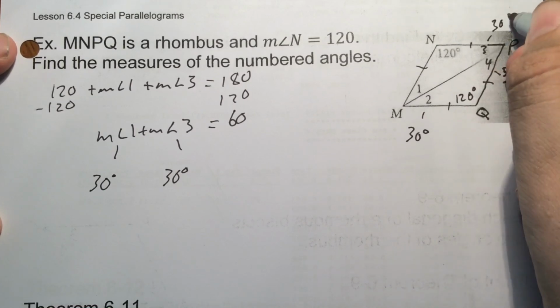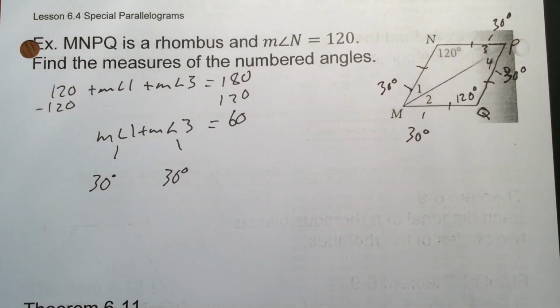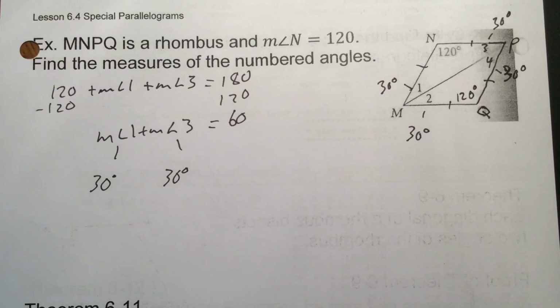So each of these is 30. Knowing it's a rhombus, we know those angles are bisected. We also know that both 2 and 4, 1 and 3 are going to be congruent because it's an isosceles triangle that we're breaking this into. So each of those have to be the same, and that's how we get our answer.